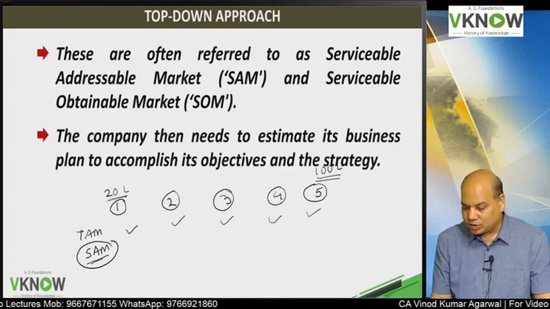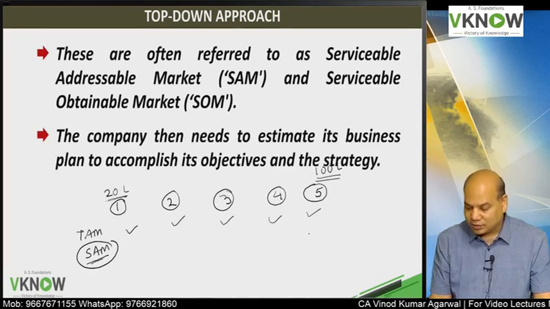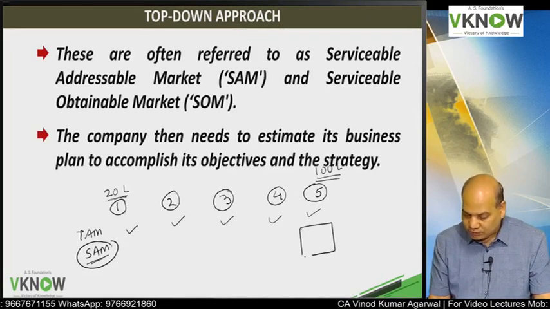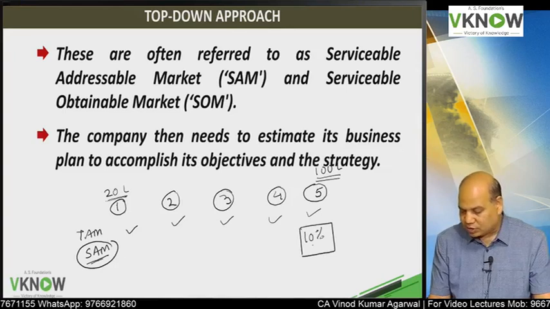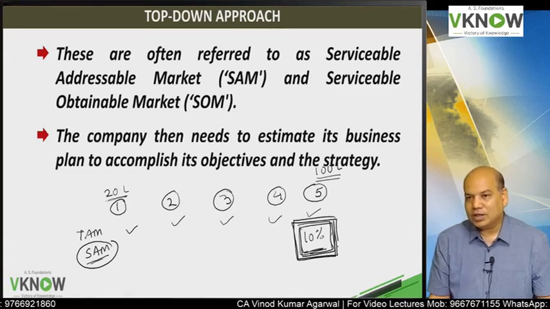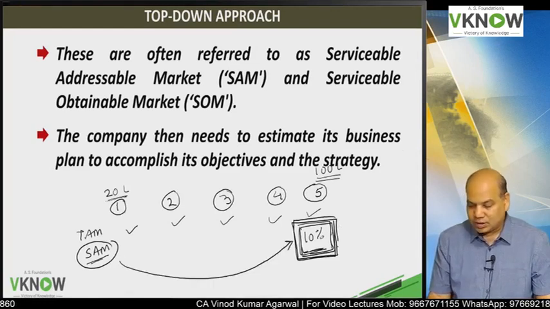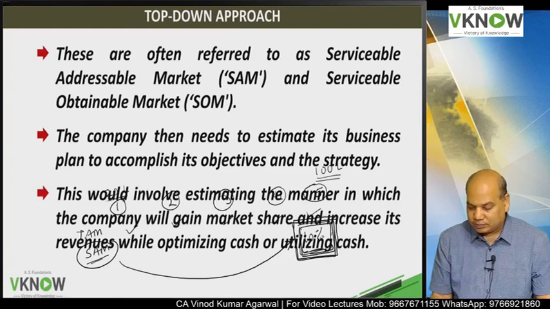The company then needs to estimate its business plan to accomplish its objective and strategy. So you are going to achieve, suppose, 10% market share. After 5 years you will be able to get a pie of 10%. How are you going to achieve this? That strategy you need to identify.